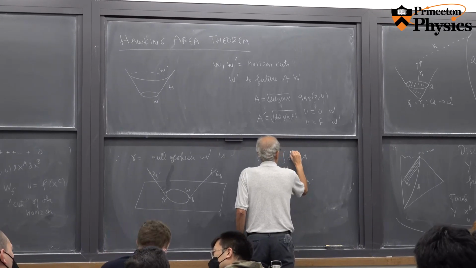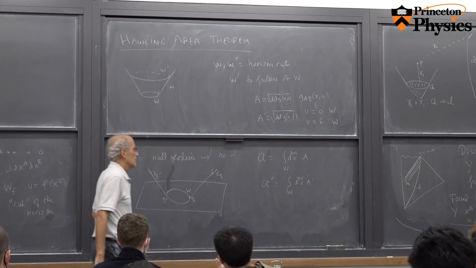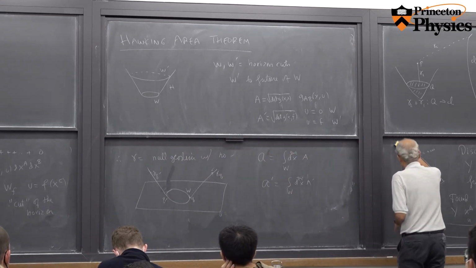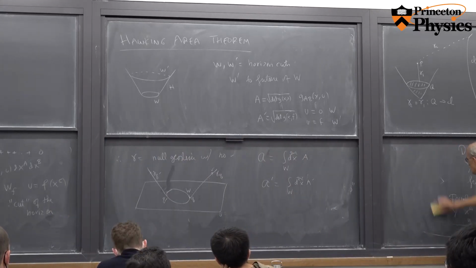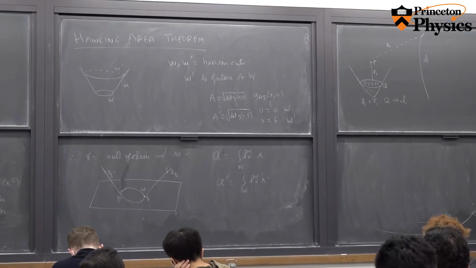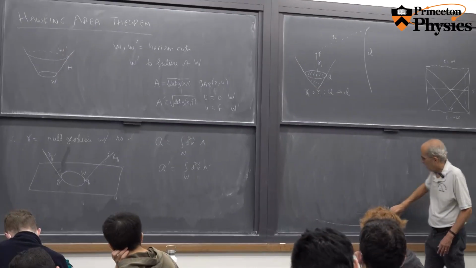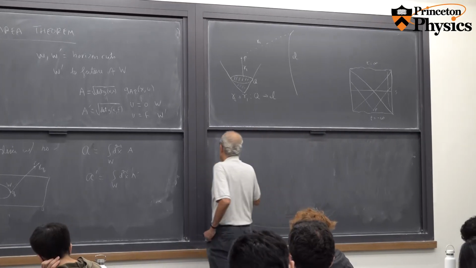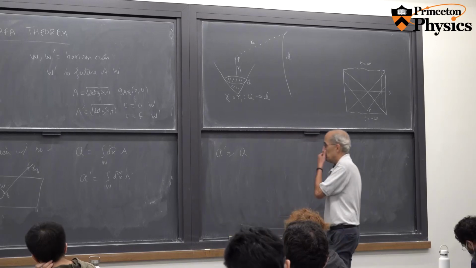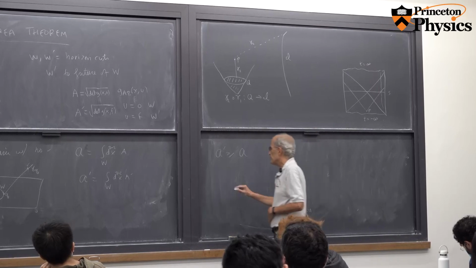I guess I should call it the integral over d minus 2 dimensions because we're in d dimensions. The Hawking area theorem says that A prime is equal to or bigger than A. But it's deduced from the following.